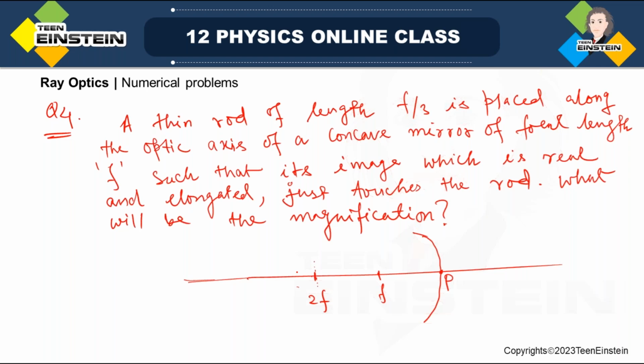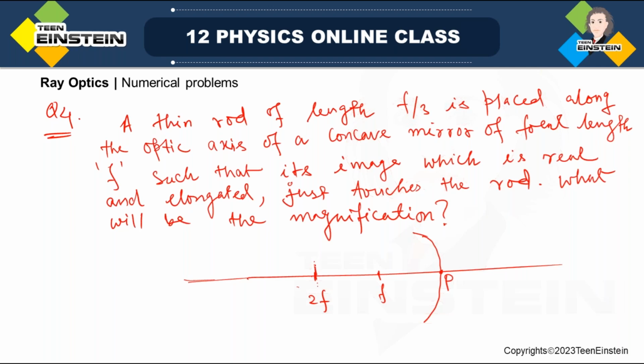This happens only when the end of the rod is at the center of curvature, because the image will form at the same point when we keep an object at twice of f, or at the center of curvature.